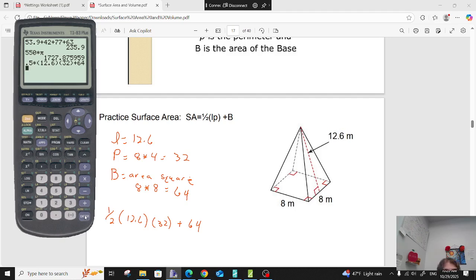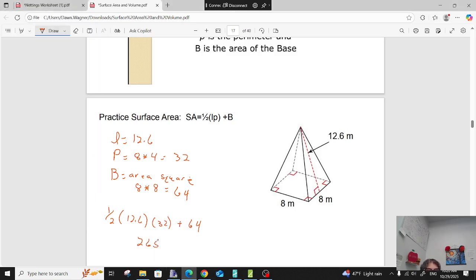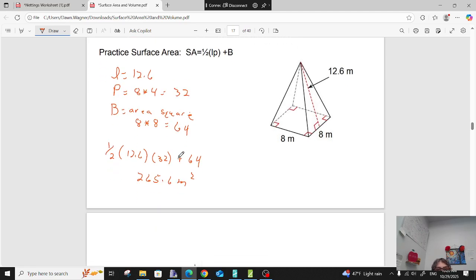I'll double check to make sure everything's in there correctly. Press enter. Did everybody get 265.6 meters squared? Yay.